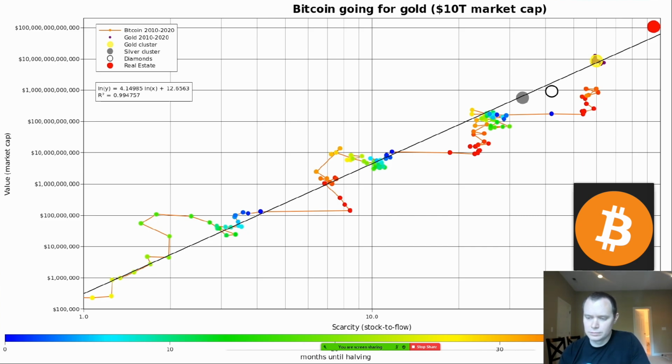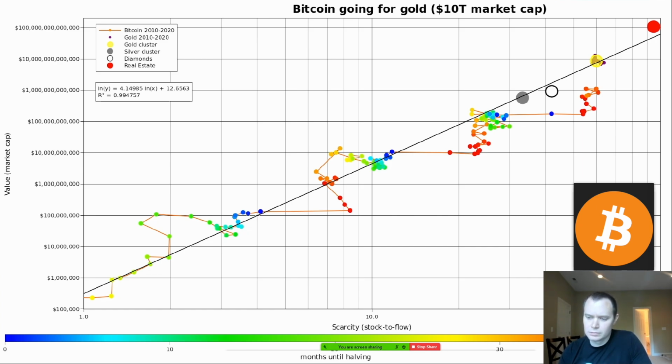Well, and then you divide the two, you get a number close to 56 as the stock to flow ratio of Bitcoin. Well, my idea was to use that stock to flow ratio as an input, as a variable to explain the price or the market value of Bitcoin.